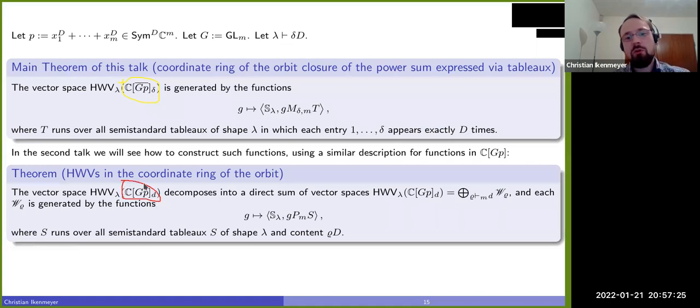Because the coordinate ring of the orbit also has a description like this. I don't want to go into the details, but you already see that with this inner product with the superstandard tableau, you get a very similar description for the coordinate ring of the orbit.